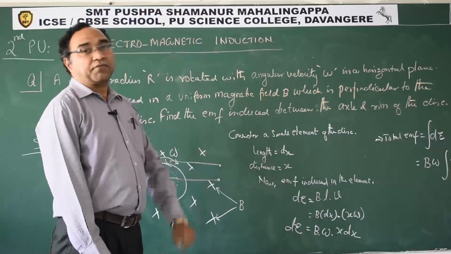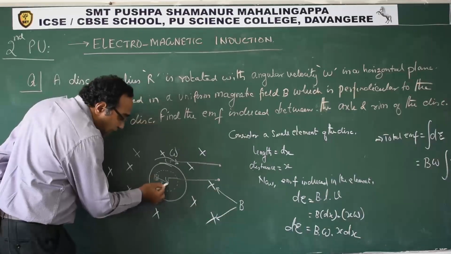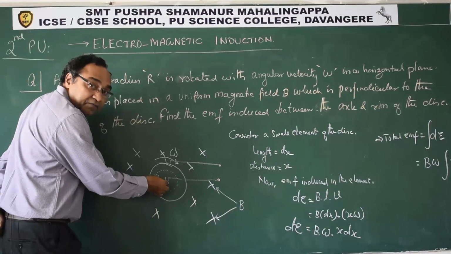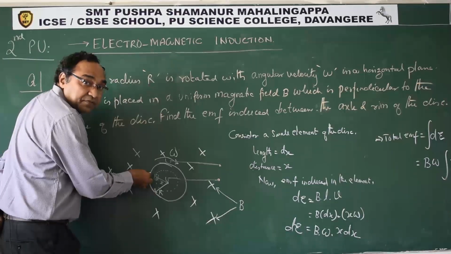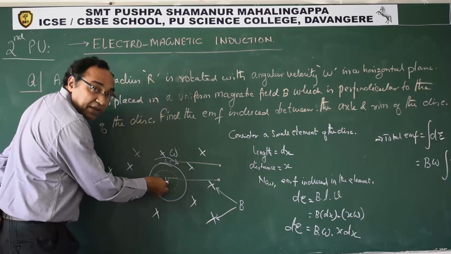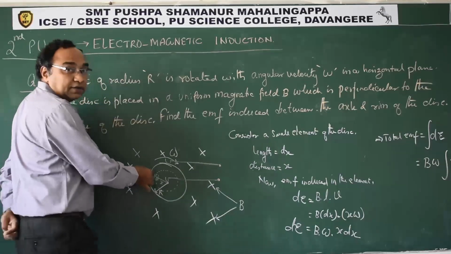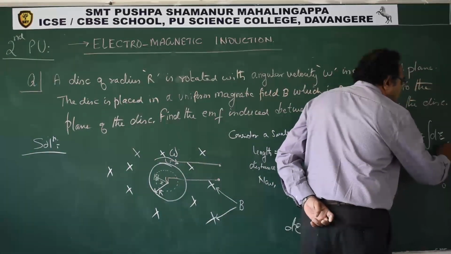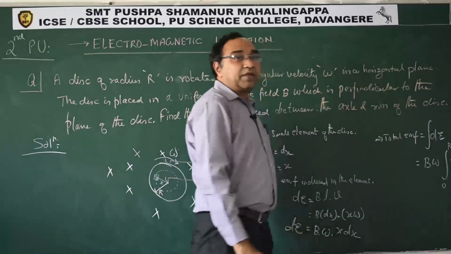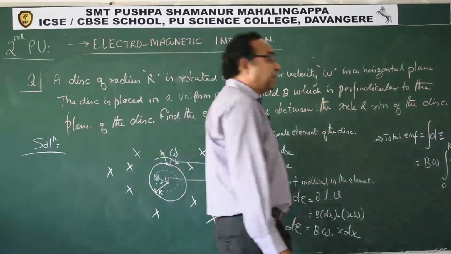What will be the limits of integration? Our element can be at the center or at the circumference. Therefore the distance will vary from 0 to R. All the elements we have considered, and the summation we are doing, that is the net EMF.